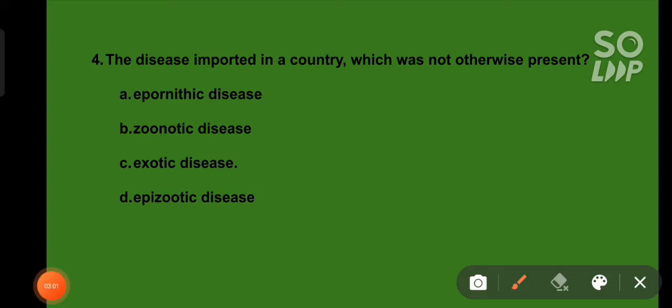The right answer is exotic disease. Exotic disease is a disease imported into a country where it is not normally present. That is called exotic disease.